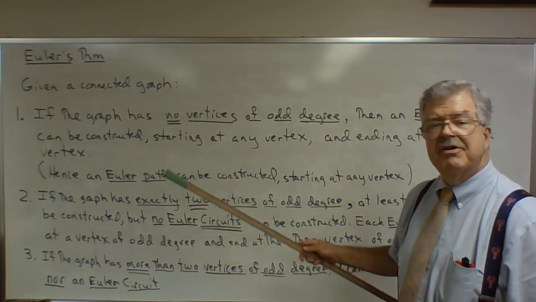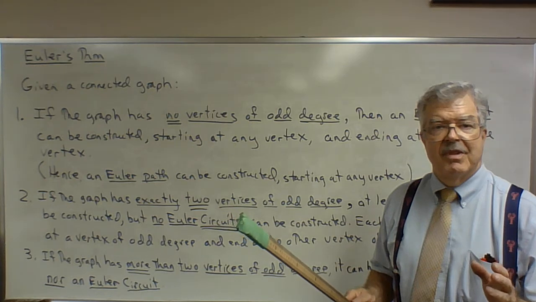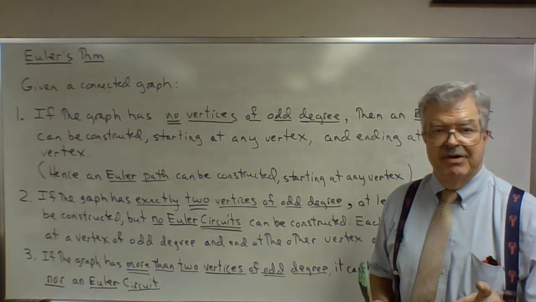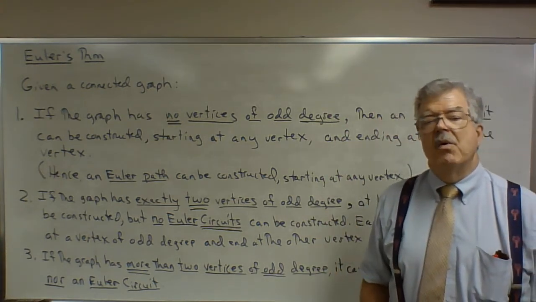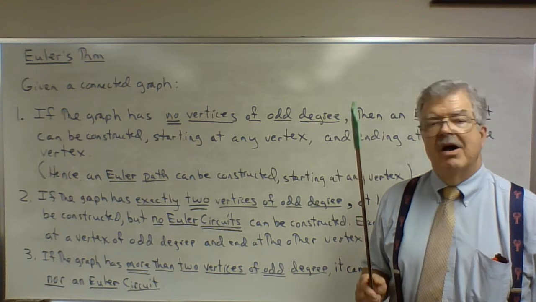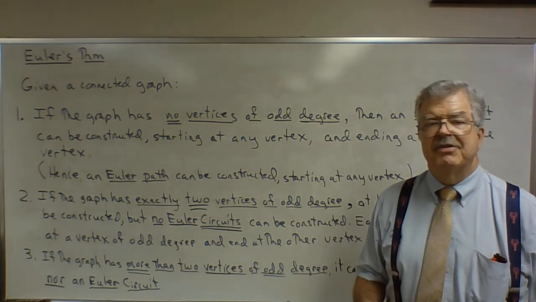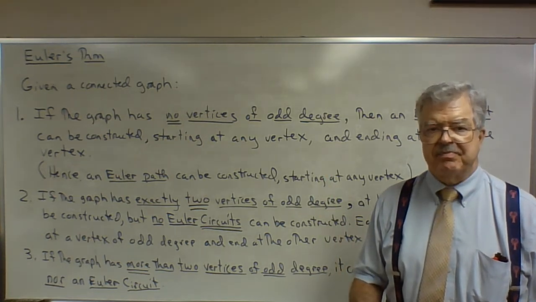Well, do you remember the graph that had an Euler circuit? All of the vertices were of even degree. And that has to be the case. In order to have an Euler circuit, all of the vertices of the graph have to be of even degree.